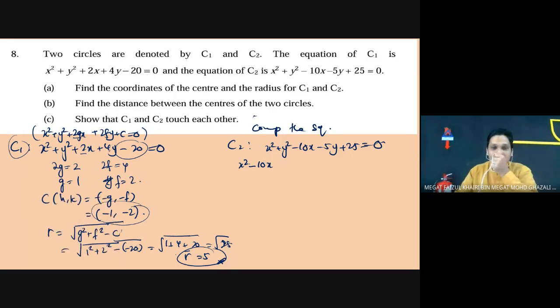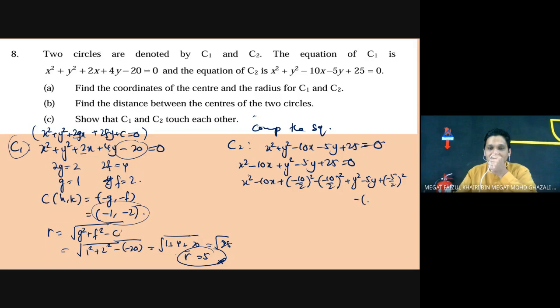Okay, x squared minus 10x plus y squared minus 5y plus 25 equal to 0. So then x squared minus 10x plus (negative 10 over 2) squared minus (negative 10 over 2) squared, plus y squared minus 5y plus (negative 5 over 2) squared minus (negative 5 over 2) squared, plus 25 equal to 0.